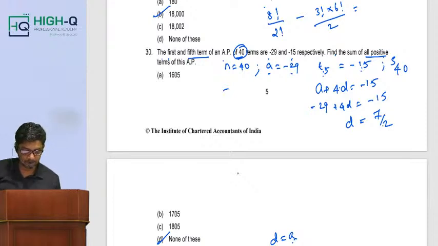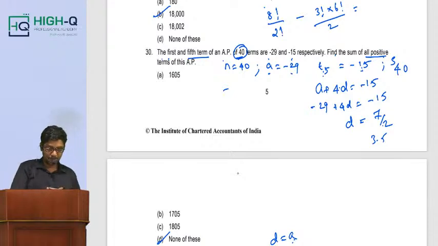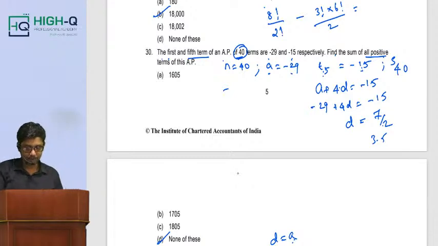Actually we have to keep on subtracting 3.5. So the fifth term is 15, the sixth term is 15 minus 3.5, and so on, each time minus 3.5.